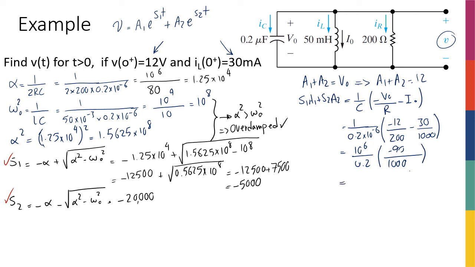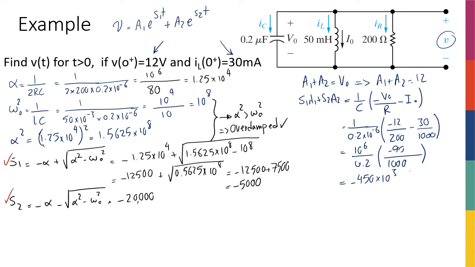So I'm going to get negative 90 divided by 0.2, that's going to be negative 90 times 5, so negative 450. And 10 to the power of 6 over 1000, I'm going to get 10 to the power of 3. So times 10 to the power of 3.